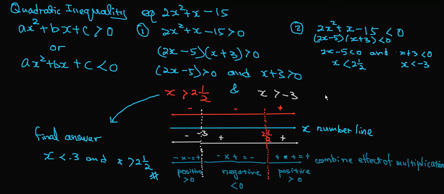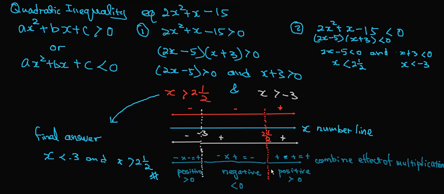Now, remember, this function here is a product of this and this. So to determine the final value of x for it to be bigger than 0, we have to do a combined effect of multiplication. Positive times positive gives a positive.